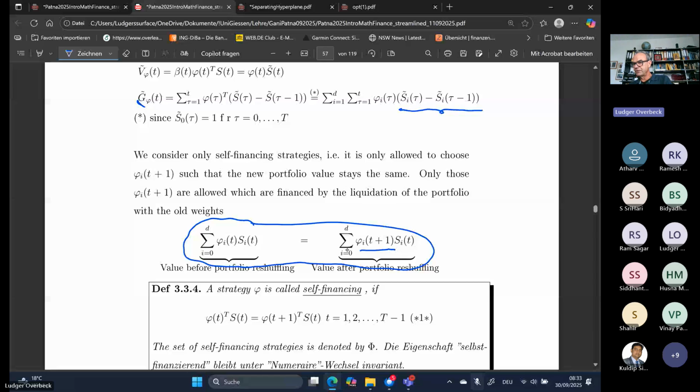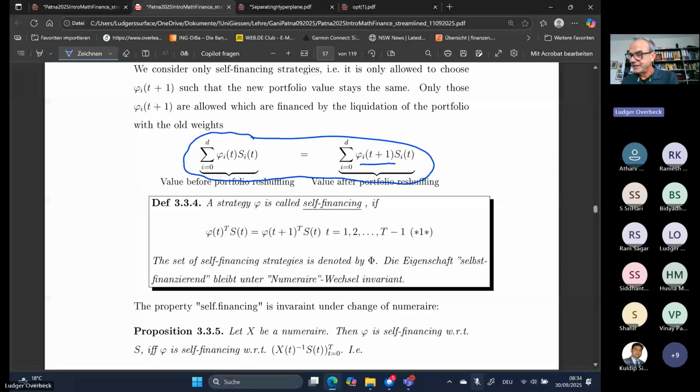And then you see, with a fixed t, you have the delta, the increase of your gain. Then your value process equals the gain process. So self-financing for S or S tilde doesn't matter. For the discounted process, it's also self-financing if it's self-financing for the non-discounted process.